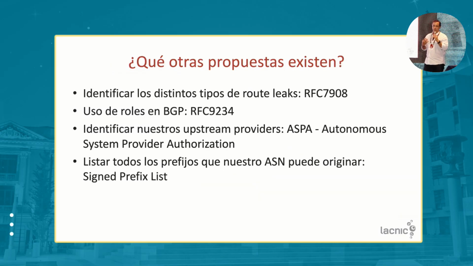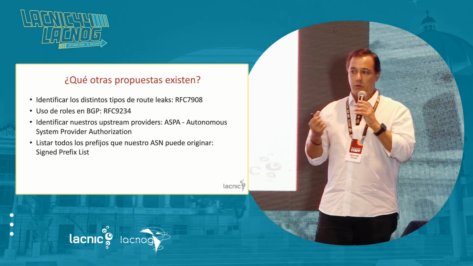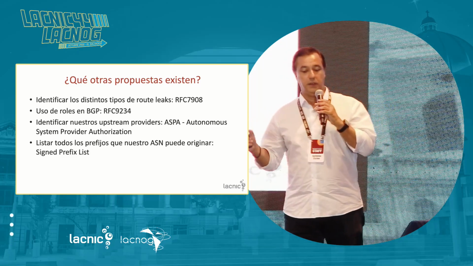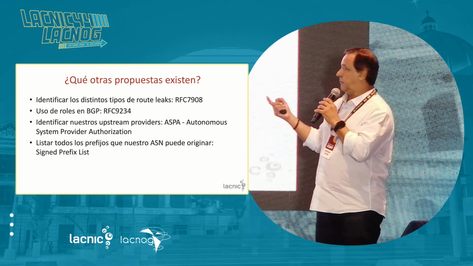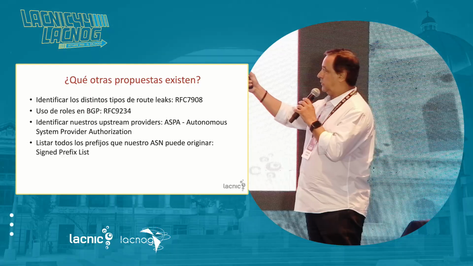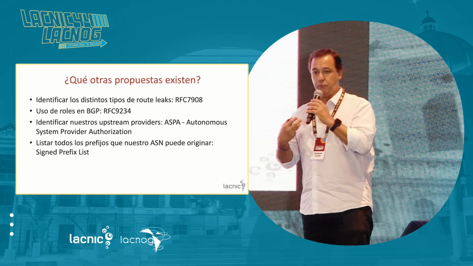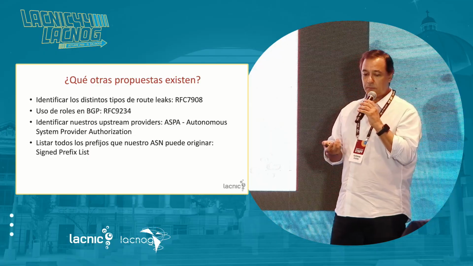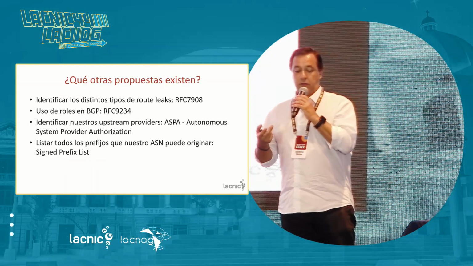So what other proposals, what other suggestions do we have? There are some cases that we cannot solve with RPKI. Well, on one hand, we have a classification of route leaks in the sense of an event becomes a route leak. And then we have the BGP roles, RFC 9234, which can already be used, and routers are already prepared to use these.